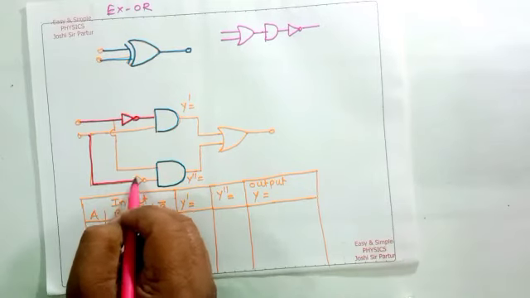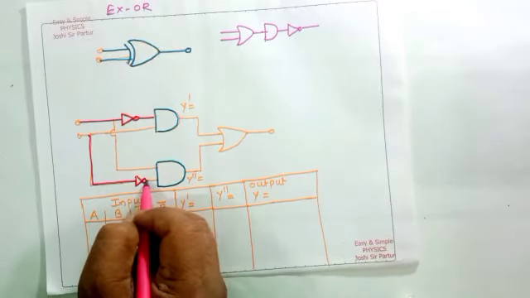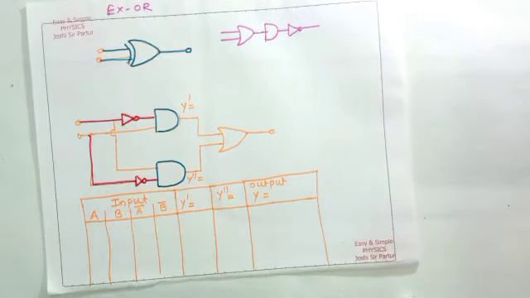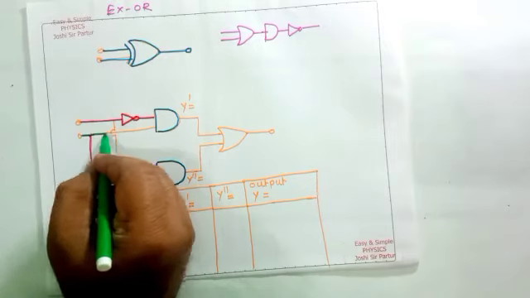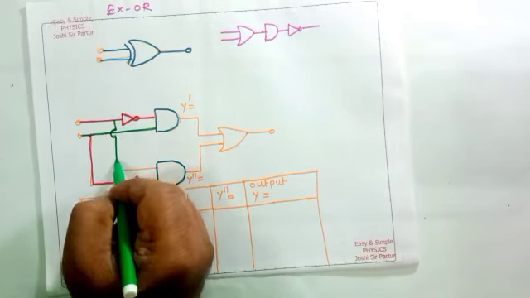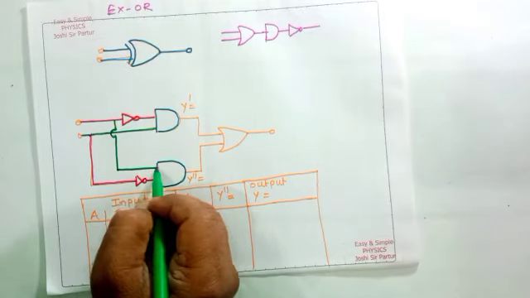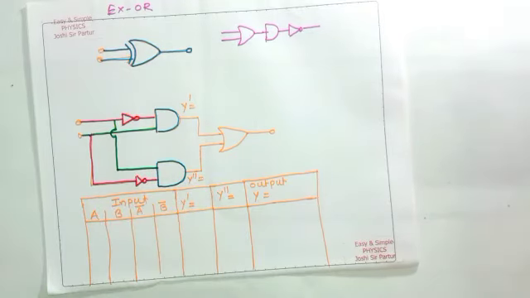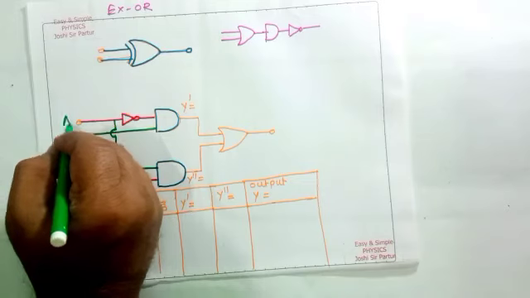Combined with a NOT gate, the input of another AND gate will be there. So it produces two outputs.